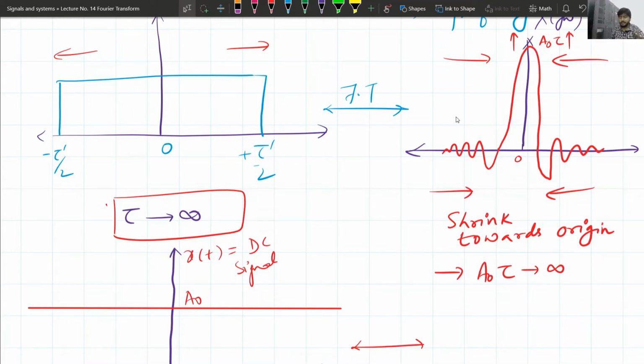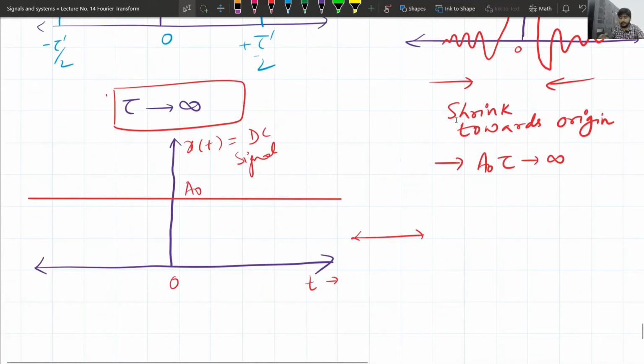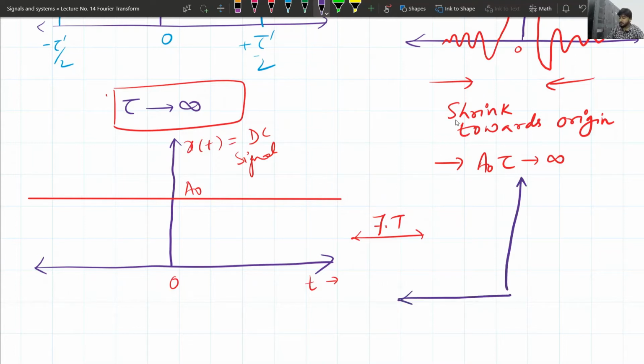Then you can think that for a DC signal, its Fourier transform is an impulse function.